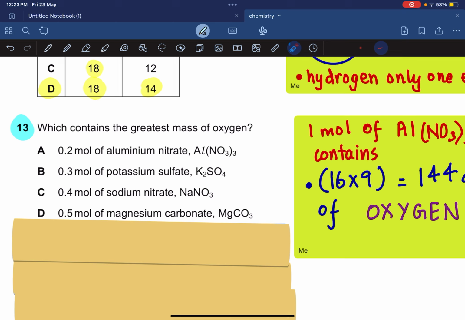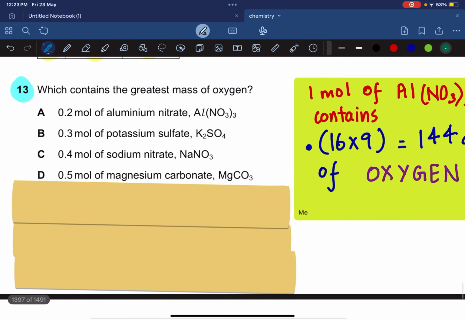But over here you had 0.2 moles of aluminum nitrate. So you have to understand that if 1 mole equals 144 grams, then 0.2 moles equals x grams. So you just had to figure out the value of x from here, and this was the key concept.